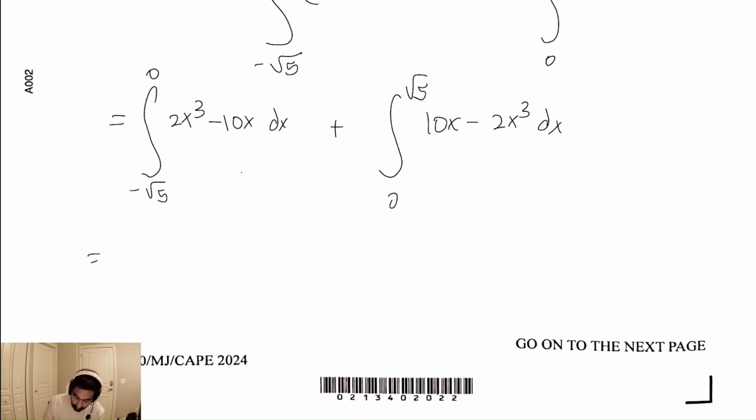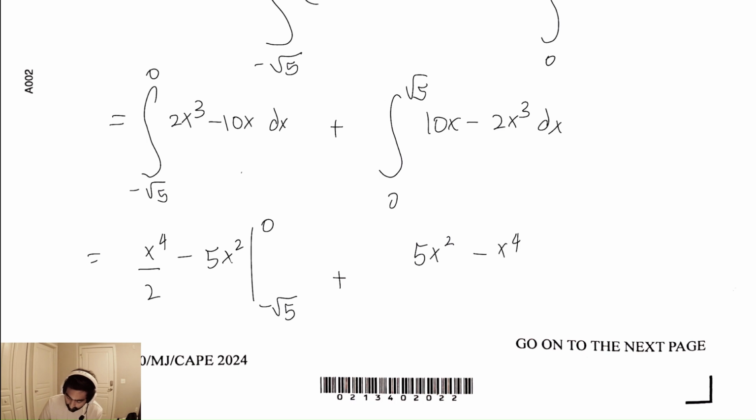Now I can say, okay, this is going to be x to the 4 over 2, and then minus 5x squared, and the bounds are 0 and minus square root 5, plus 5x squared minus x to the 4 over 2, and then the bounds are square root 5 and 0.